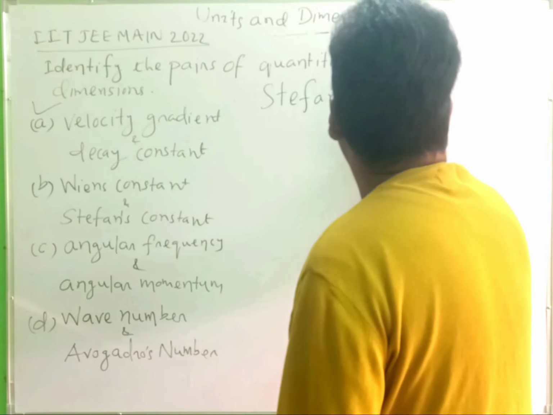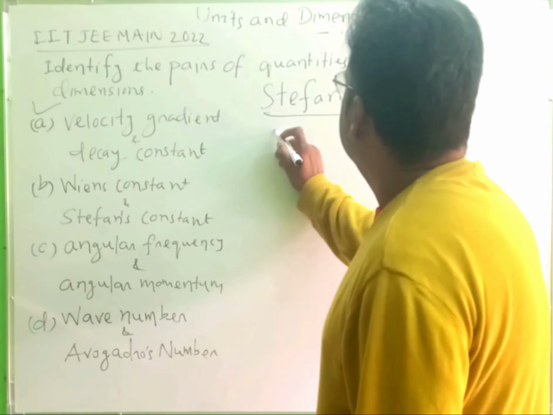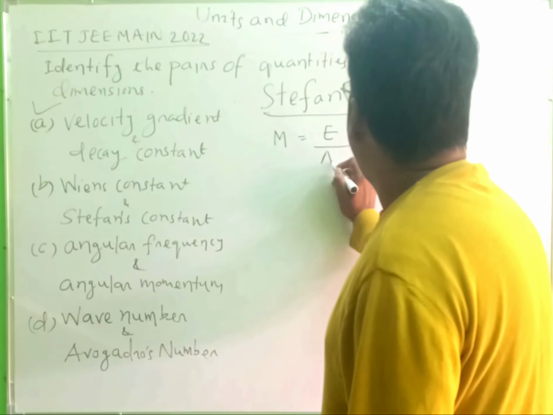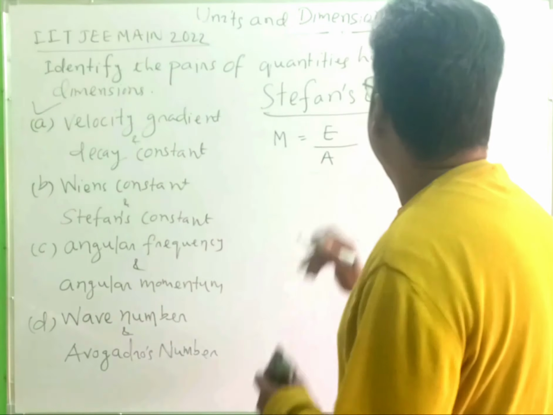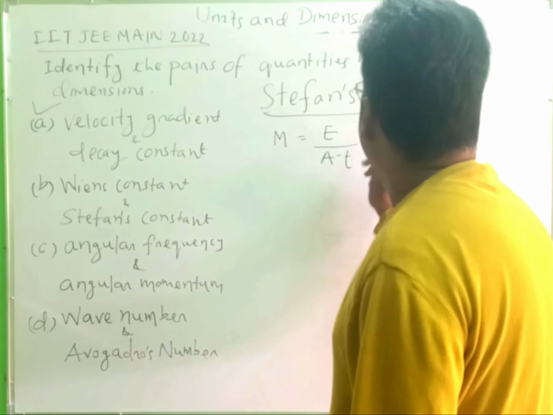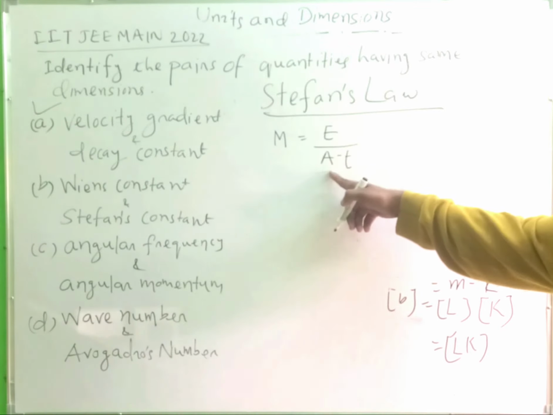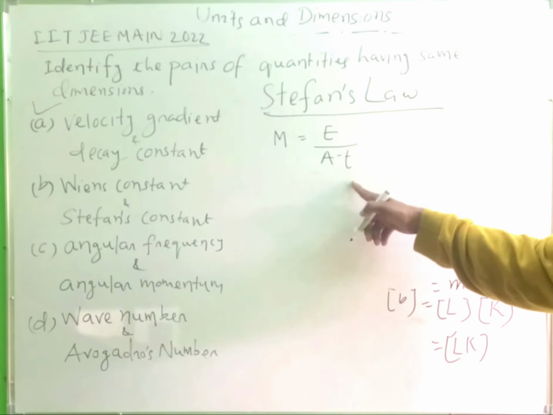Stefan's law of black body radiation states that, student, the rate of energy emitted by a black body per unit area per unit time, that is called M. M is equal to E divided by A divided by T, the rate of energy radiated by a black body per unit surface area per unit time.